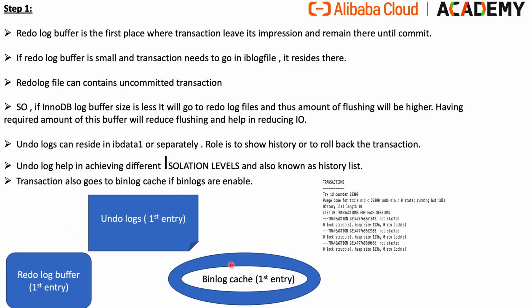And now coming to the bin log cache. So the bin log cache, as I have mentioned, is involved when any transaction comes. At that same time, the open transaction is buffered into the redo log. It comes here and goes directly to the binary log files before executing the commit.